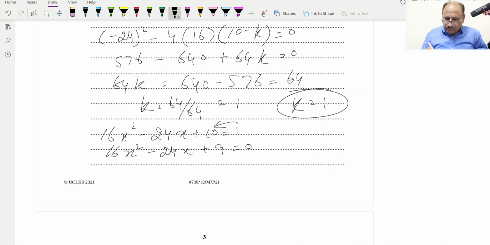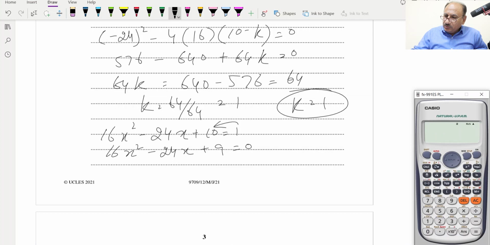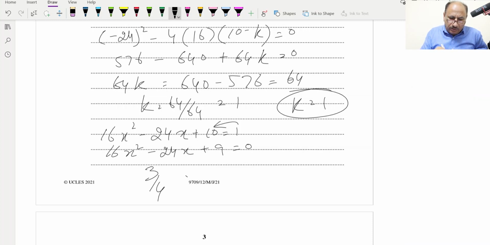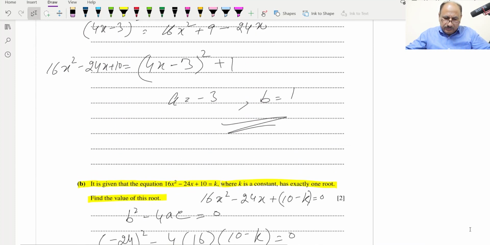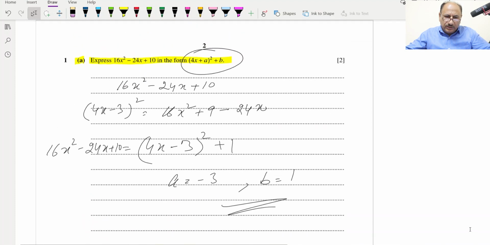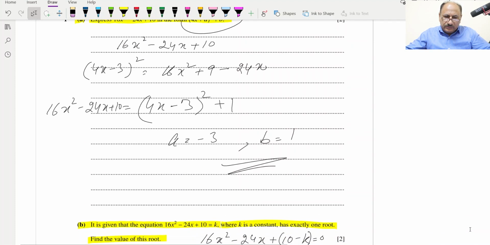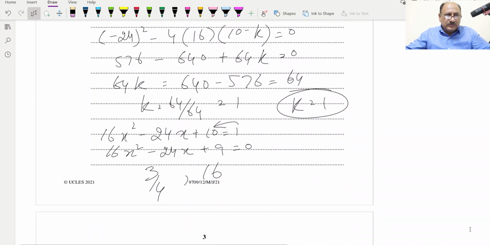And now we can solve this quadratic equation in mode 5 3, where the coefficient of x squared is 16, the coefficient of x is minus 24 and the constant is 9, so the answer will be 3 by 4 and 16. So 3 by 4 and 16, and this is exactly one root, and the k value is basically 16.